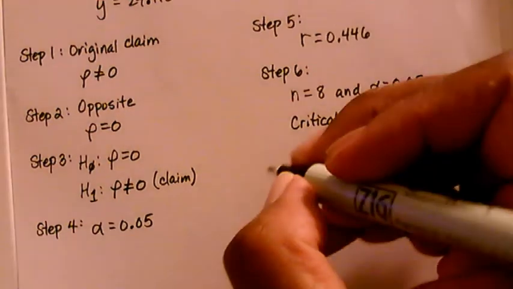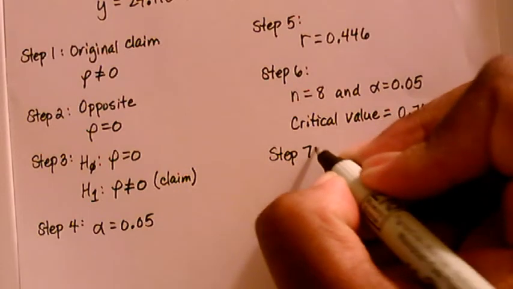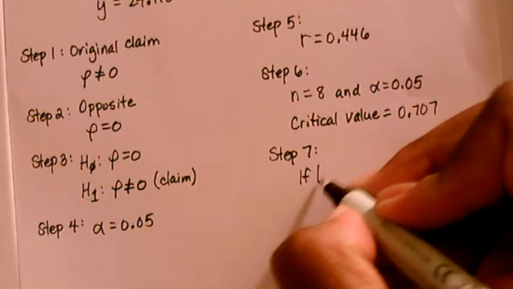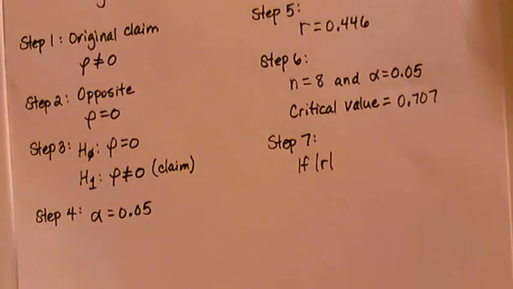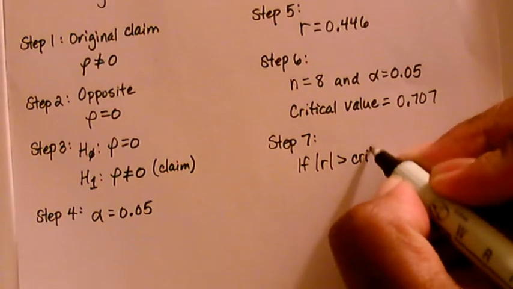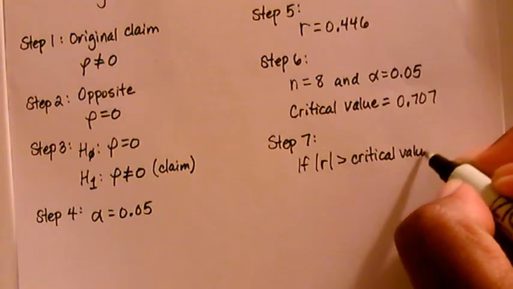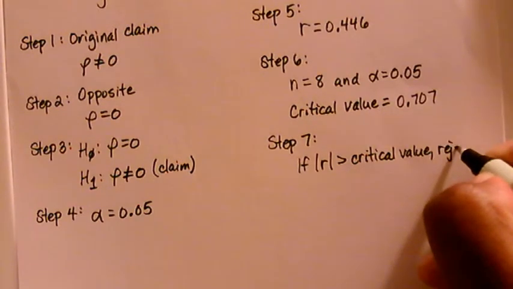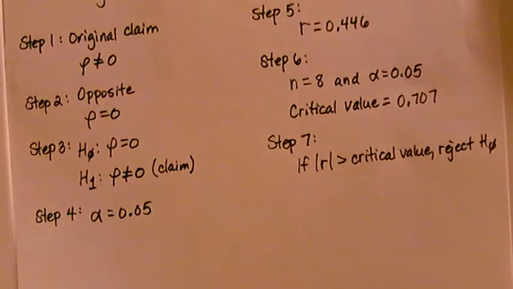Alright, now step number 7 is our decision rule. Since we're dealing with the critical value approach, we have to use this decision rule. If the absolute value of R is greater than your critical value, you're going to reject the null.